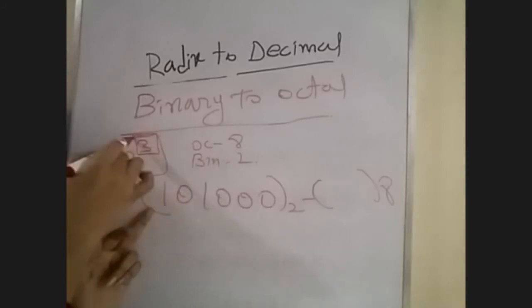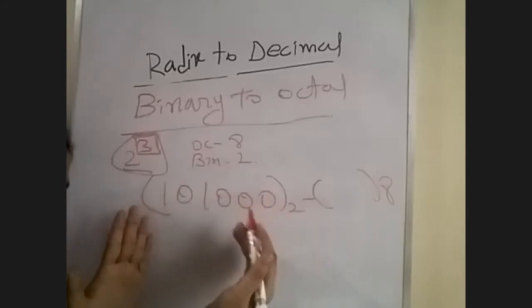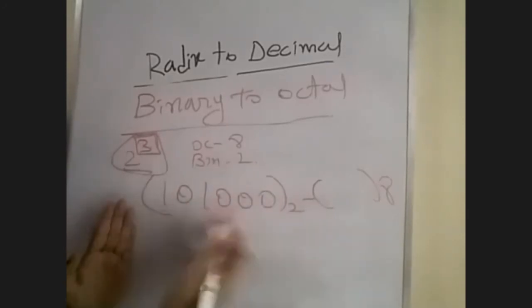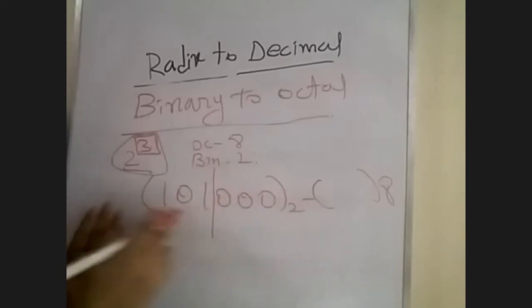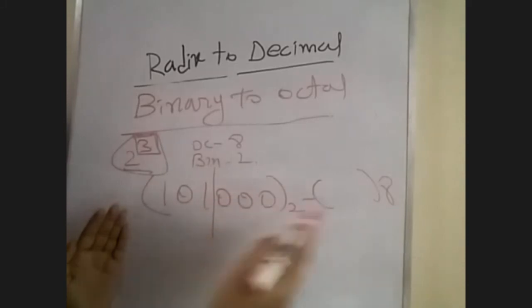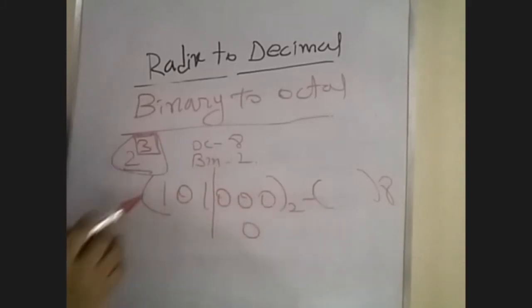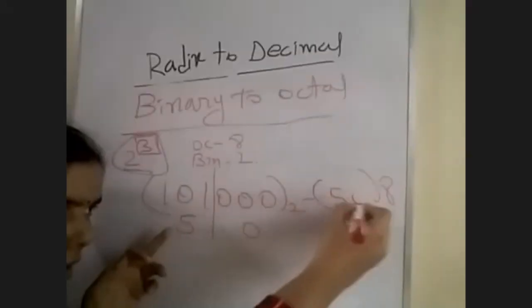So divide the bits from right to left: 1, 2, 3, and 1, 2, 3. So 000 is nothing but 0 in octal. 101 is nothing but 5, right? So 50 is the octal number.